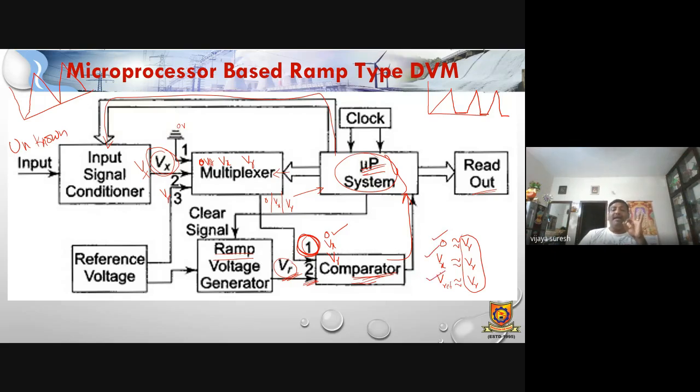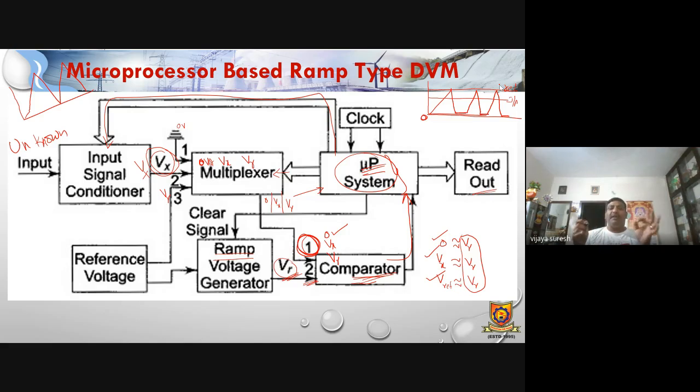Three comparisons have to take place: first with 0, second with Vx, the unknown voltage, and third with the reference voltage. In this diagram, this is 0, there is a certain reference voltage, this line is the input voltage, and there is a certain reference voltage. So three comparisons are going to be taken.